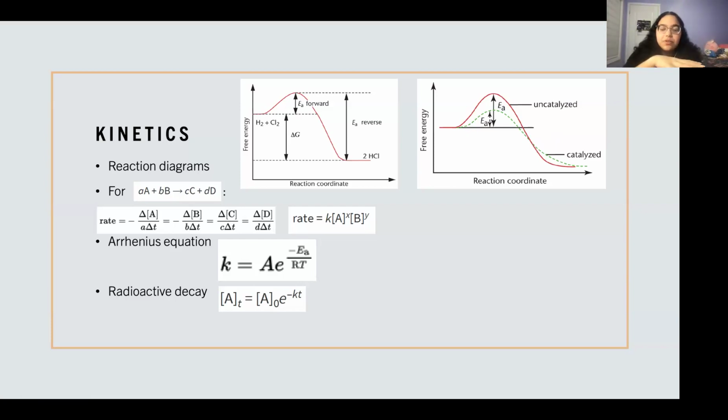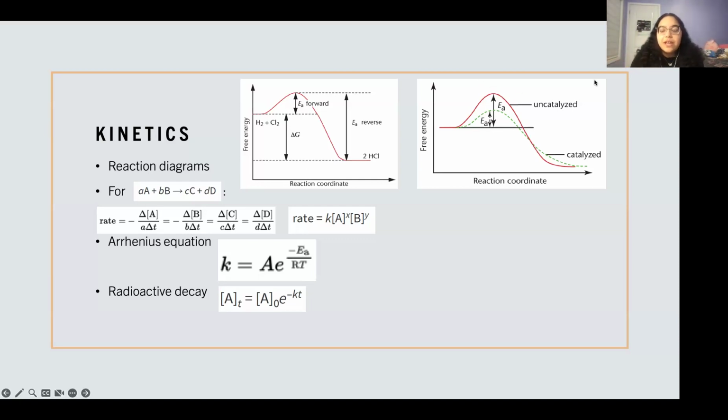You have that activation energy if you're doing the forward reaction, which is just that bump you have to cross. The reverse activation energy is if you're going from the products to the reactants, in this case a higher barrier. And then the delta G is the overall free energy change from reactants to products. So activation energy is looking more at the path, and delta G is just looking at the start and end.